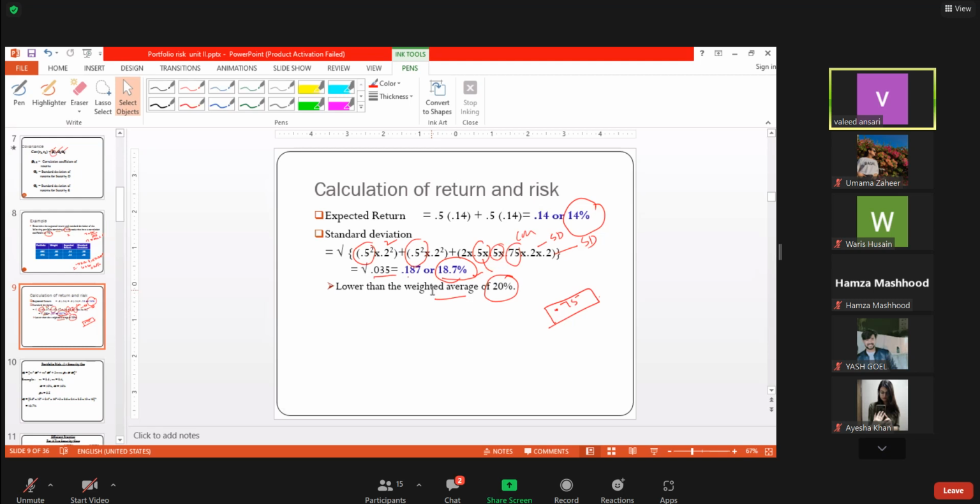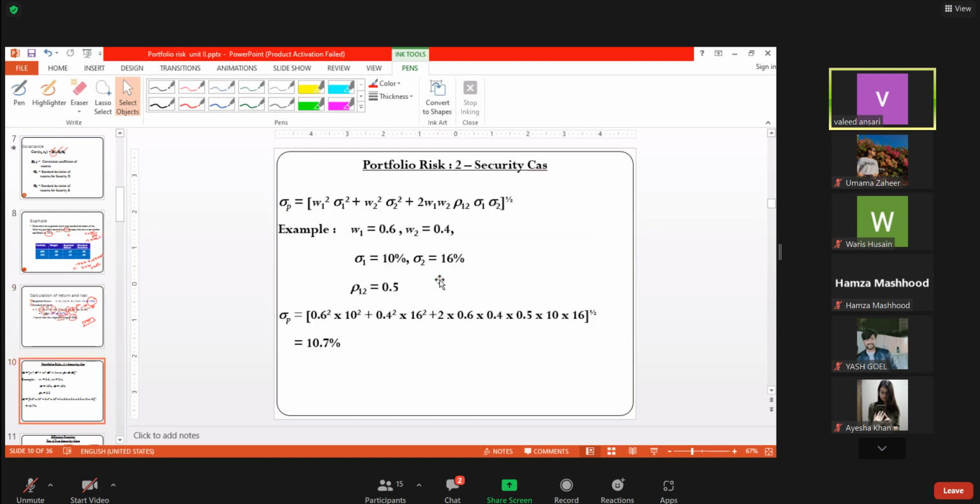That is why the covariance, or its counterpart, correlation, is very important, because if we can find other securities which are perfectly negatively correlated, then risk can be reduced to 0.